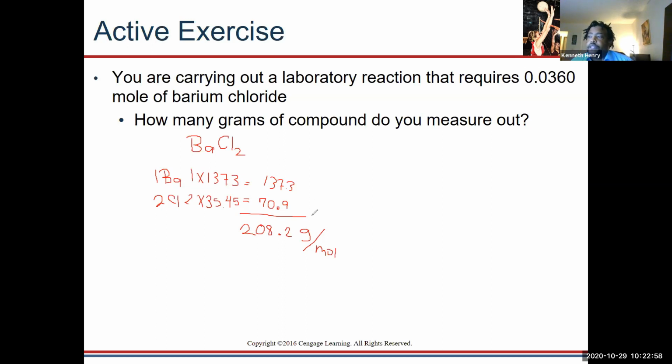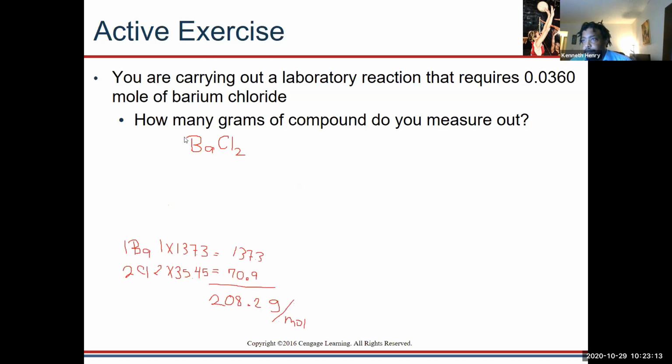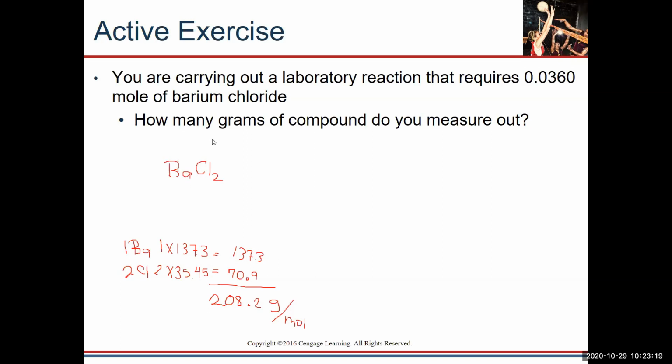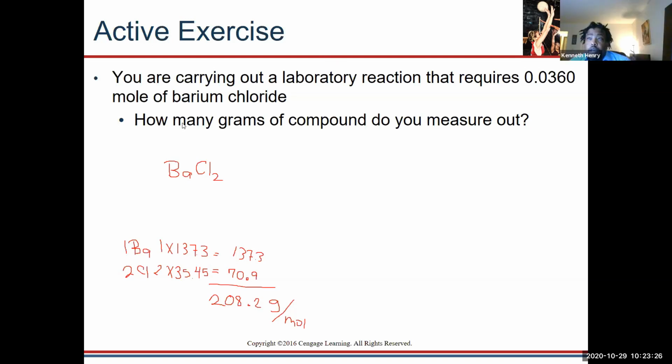Okay, so what am I going to do with this now? I have the molar mass. I have the chemical formula. What am I going to use it for? It's asking me how many grams.